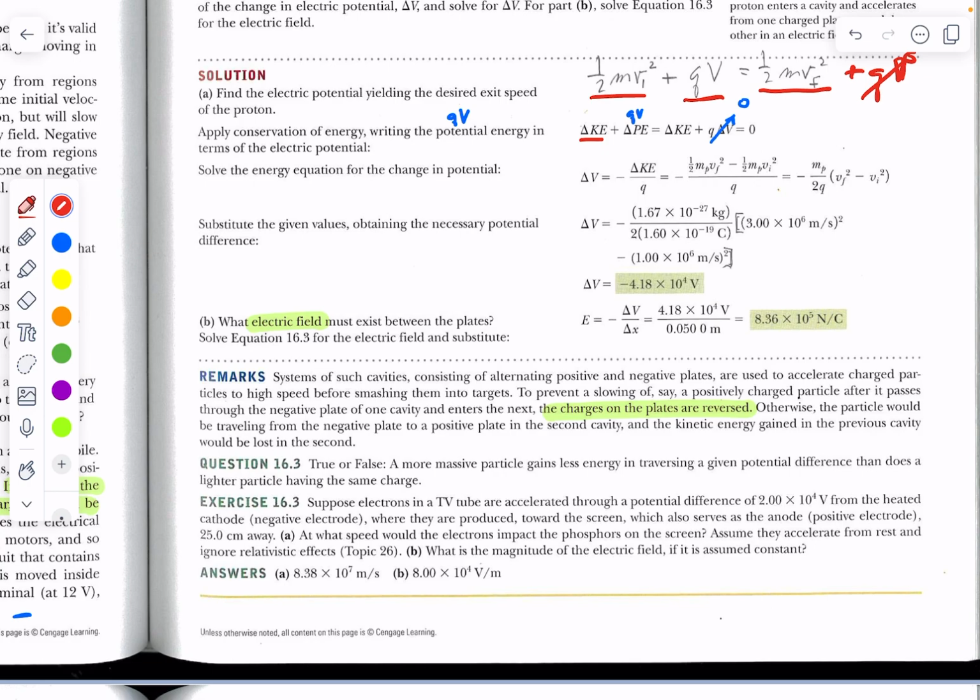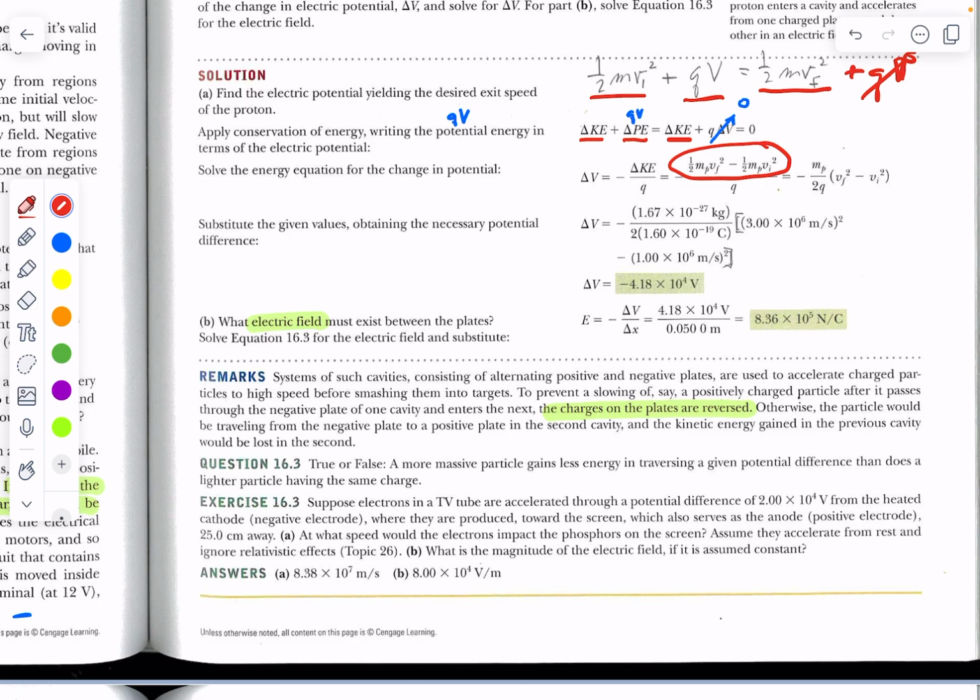Now it's going to pick up more energy by being in the electrical field. And when we finally reach the destination, and it's no longer in that electrical field, it has some terminal velocity. It's going to have more kinetic energy than it had before. So here's my change in kinetic energy from start to finish.